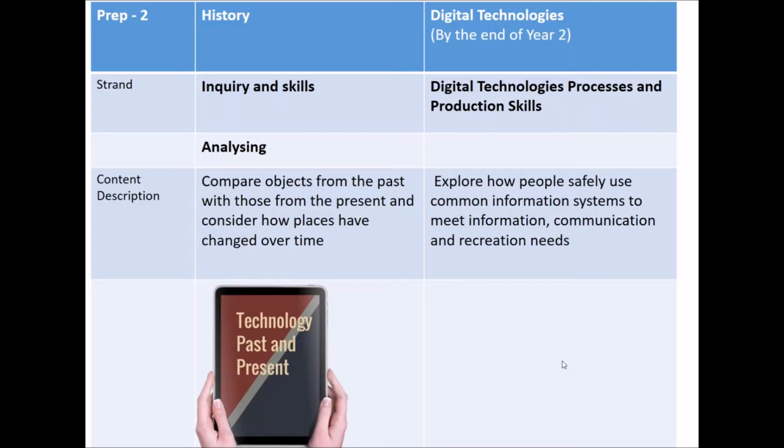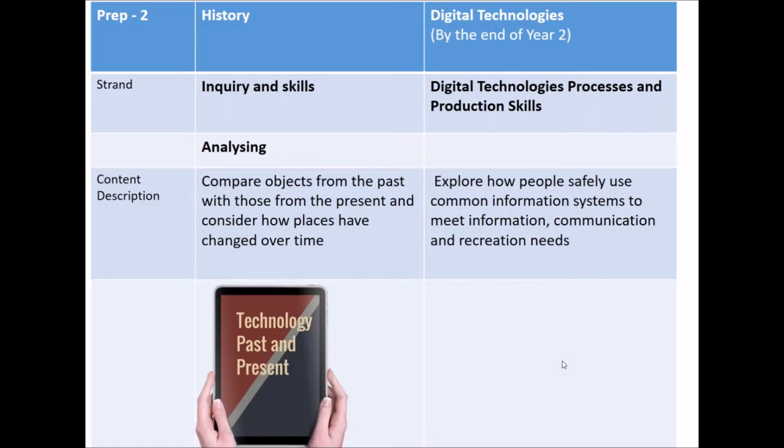So a beautiful segue into DigiTech, looking at common information systems, and then we can start looking at, for example, the telephone, and talking to the students about what technology now is available, or why are we now able to have a portable device as a telephone compared to the phones of the past.